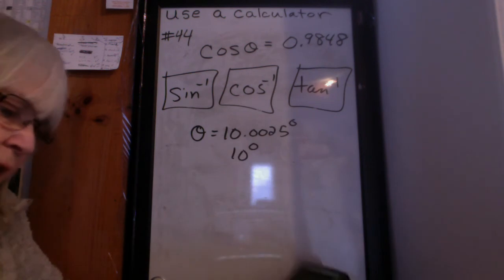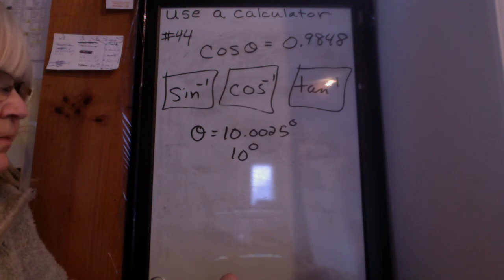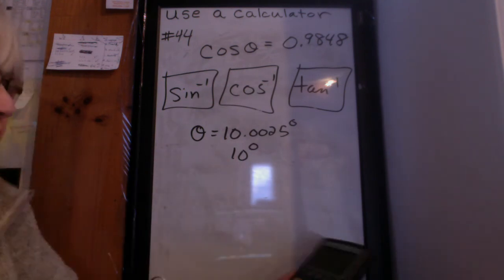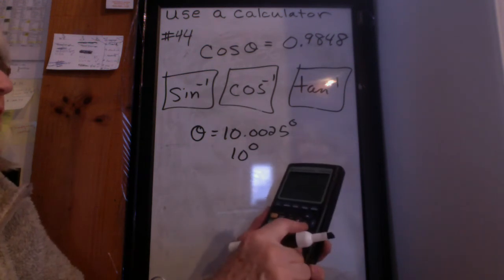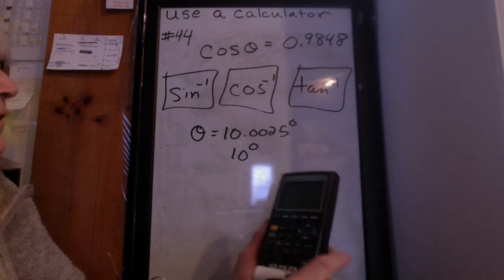If I want the radians for that, I can change this to radian mode and do the same thing. So I'm going to hit my mode button, change now to radian mode, and hit clear again.